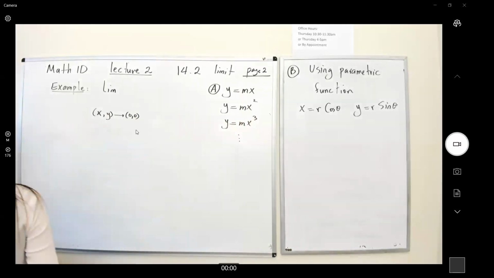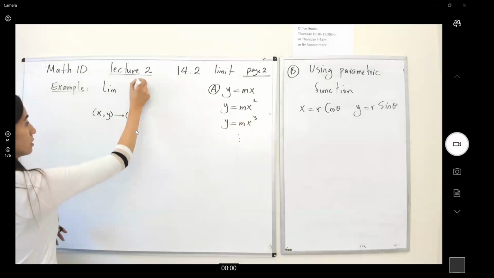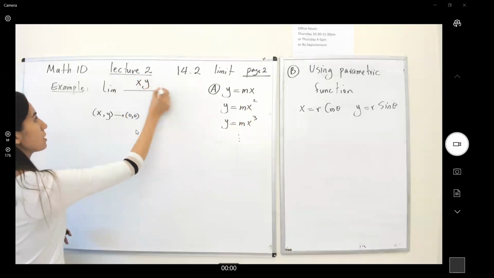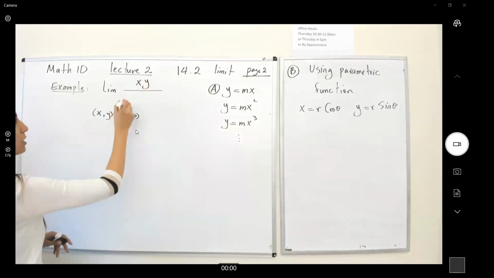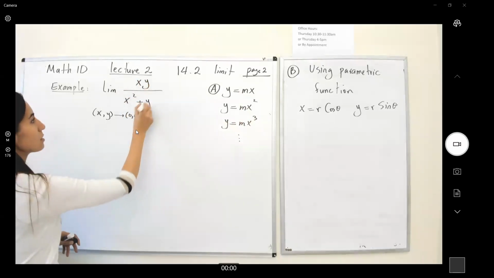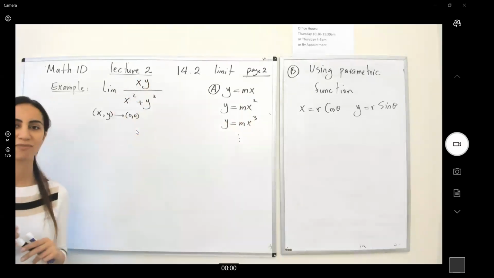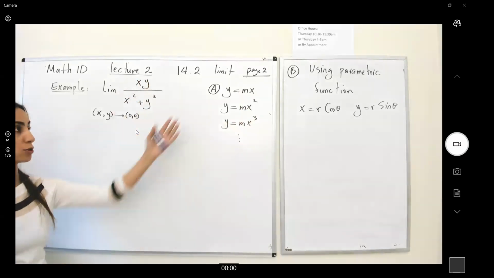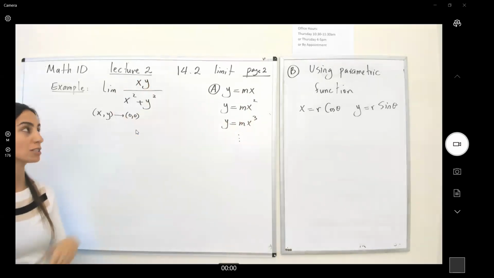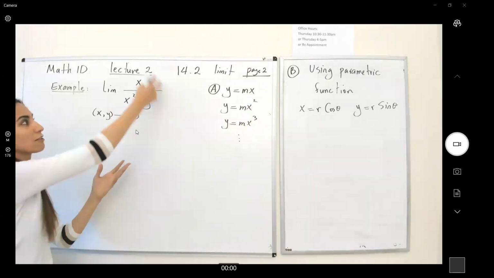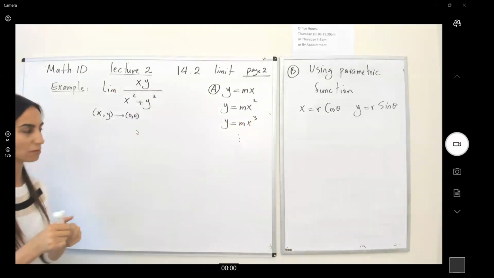This is our second example. It says check to see if the limit exists: xy divided by x squared plus y squared. Again, we can use any of these functions that help us to simplify this rational expression.